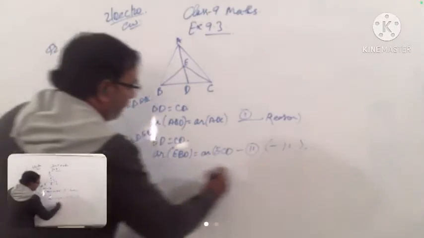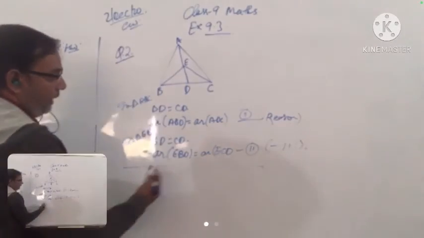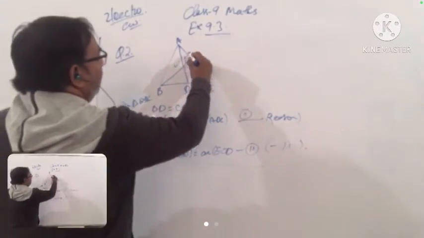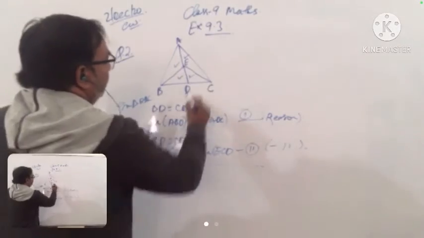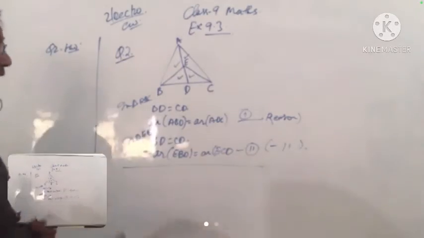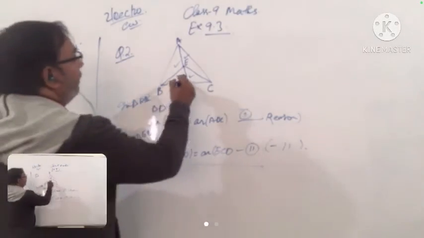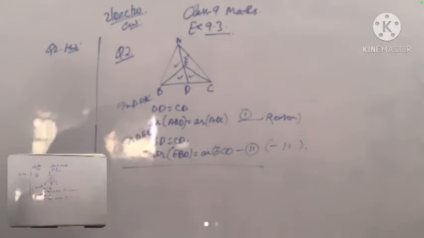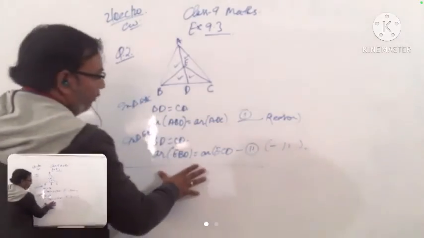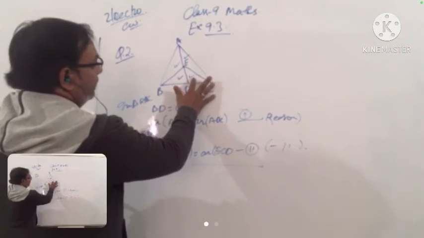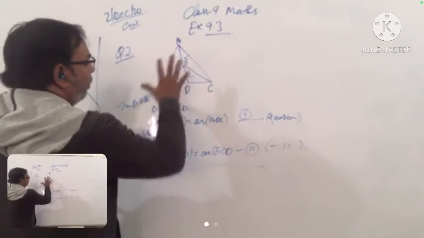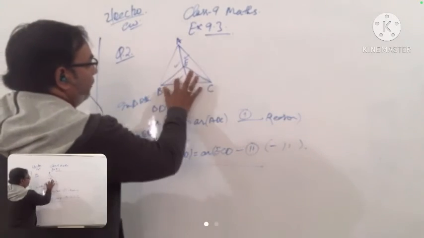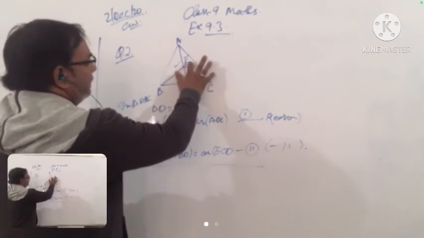If we subtract this, so this is equal to this and now this is equal to this. This we will do from this and then we have to prove this. Now you see, by proving this, this is equal to this and this is equal to this, this will be done. But now we have to prove this is equal to this and this is equal to this.